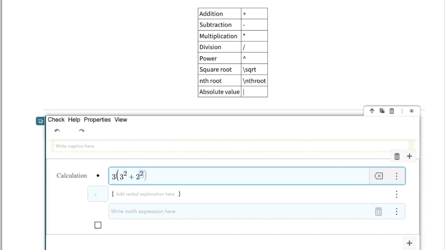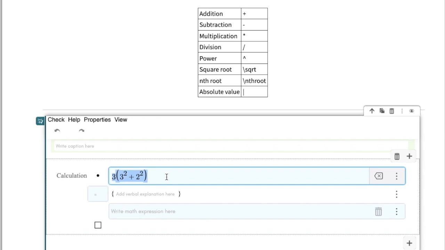We can also use the space to get out of this exponent, and then right bracket. And then we can select this whole expression, either like this, or select it by, let's say, shift left arrow.